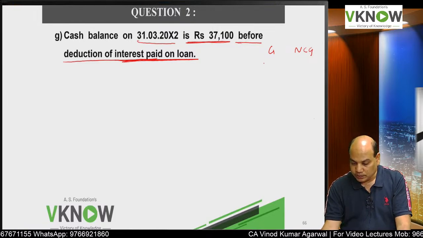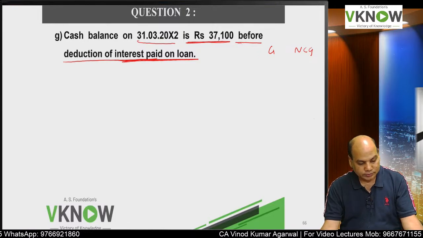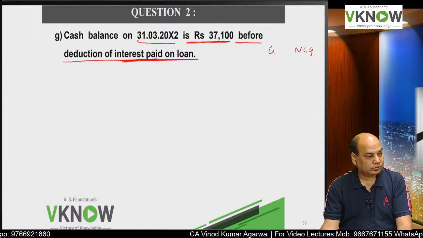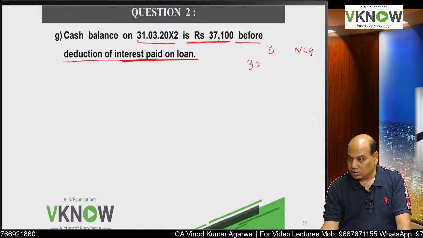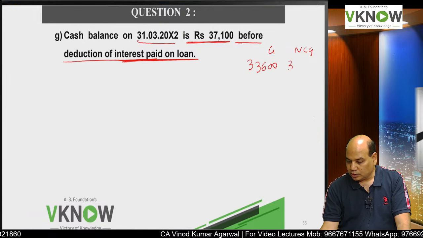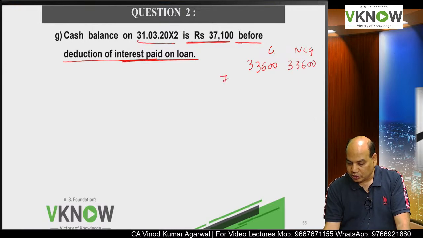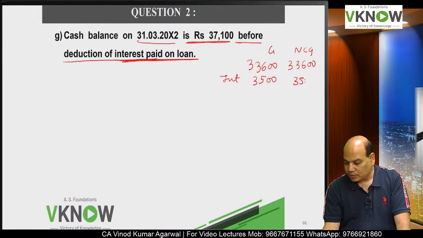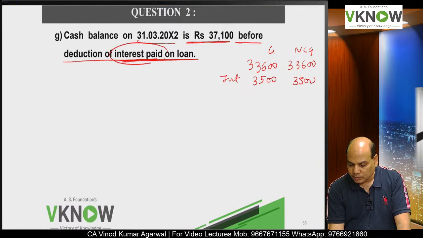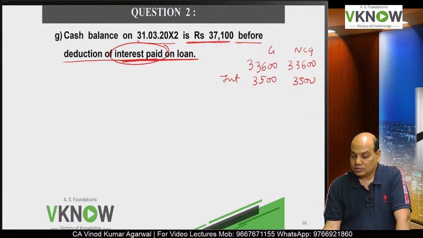So my interest will be deducted from 37,100. How much is that? 37,100 minus 3,500, 33,600. That will appear in balance sheet. And in P&L account, interest will appear because that problem says you have already paid but you have not accounted.